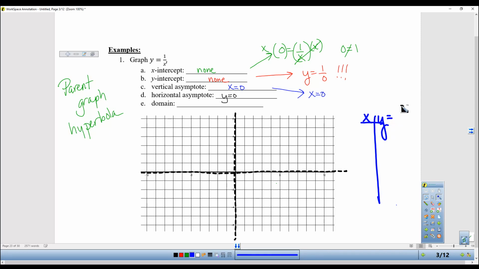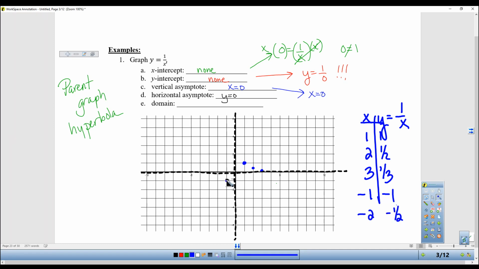Remember that y is equal to 1 over x. So when x is 1, y is 1. When x is 2, y is 1/2. I can hopefully see the pattern pretty quickly. 1, 1, 1/2, 1/3. And when x is -1, it's -1, -2, -1/2.